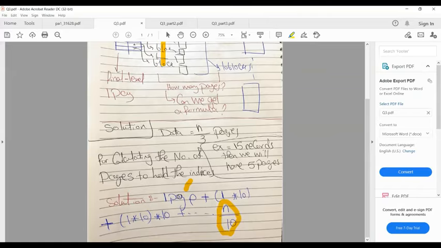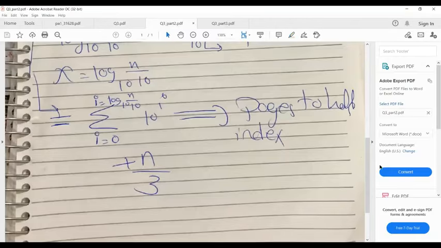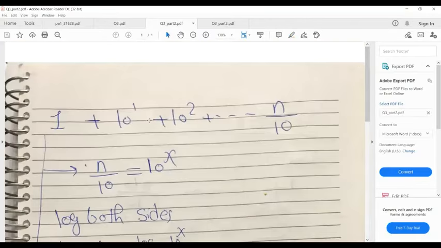Okay, so we know now this is equivalent to 1 plus 10 power 1 plus 10 power 2 until we hit n over 10. Actually, this 1 equals 10 power 0. So this is 10 power 0 plus 10 power 1 plus 10 power 2, and so on until we hit n over 10. We need to know this one is equivalent to 10 power x.